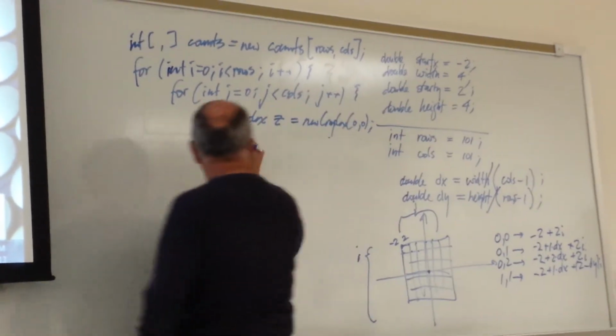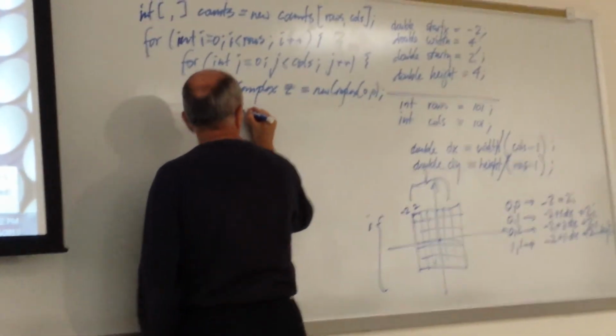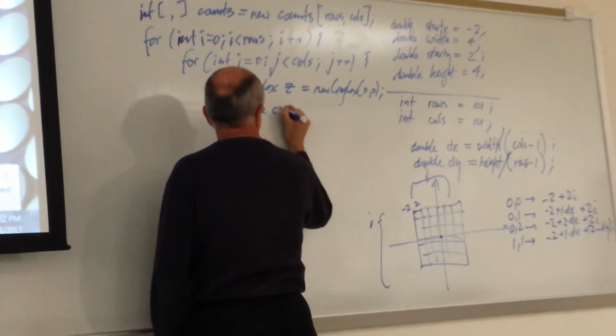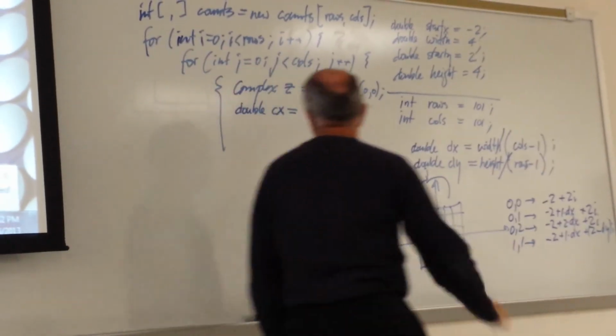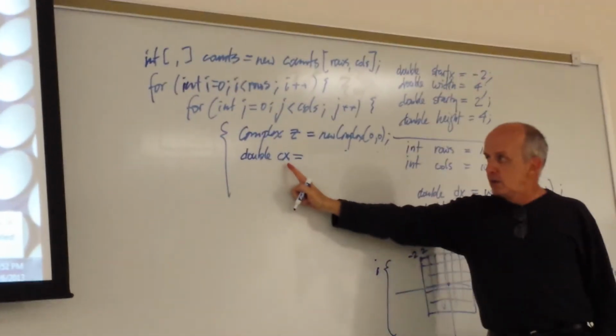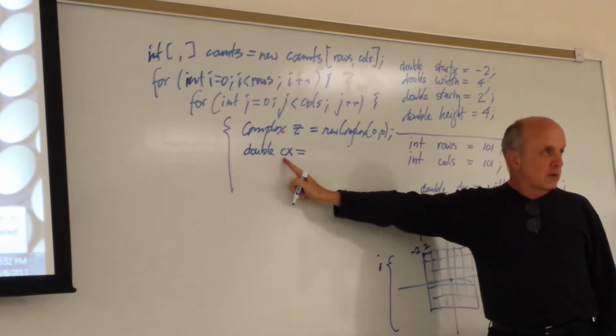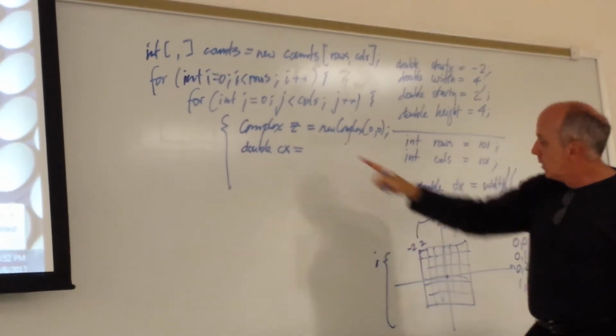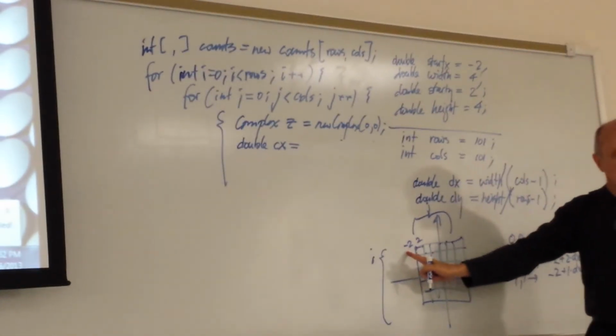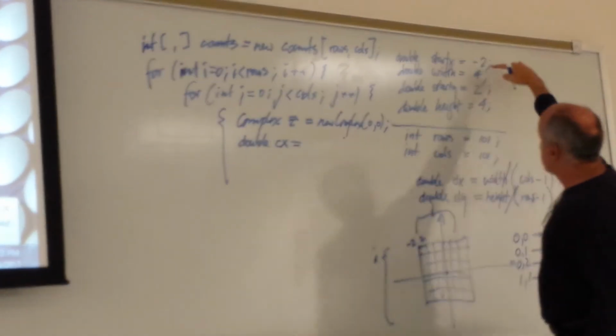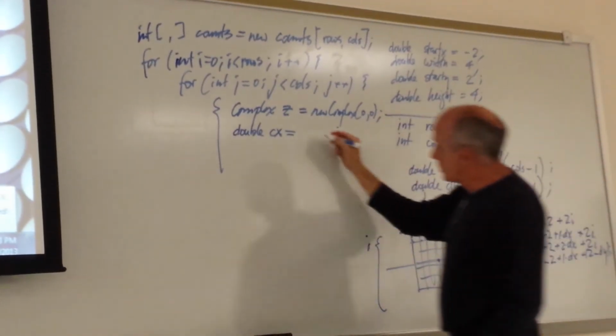So let's calculate it out formally now. Okay, so I actually want to calculate the x value of this complex number c. So I know that I'm starting at negative 2, which symbolically is start x.